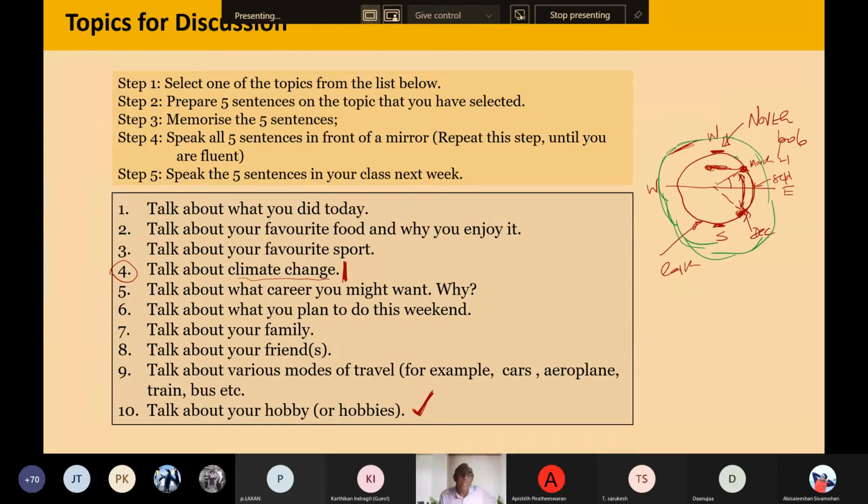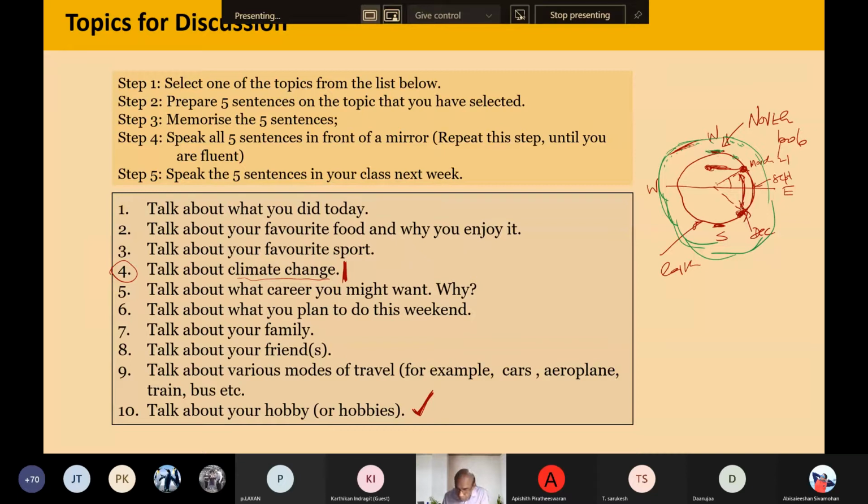Because of all these gases that you are releasing, burning coal and everything, the atmosphere is getting warmer. The earth is getting warmer, the atmosphere is also getting warmer. So what happens when it's warm? Global warming. Yes, very nice. Global warming.